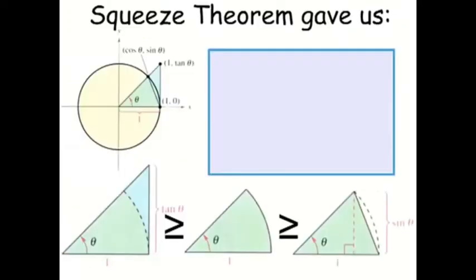Number one is the squeeze theorem. The squeeze theorem gives us the idea regarding the limit as x tends to 0 of sin x divided by x. Now look at the first circle.